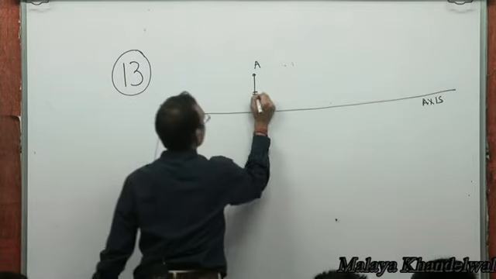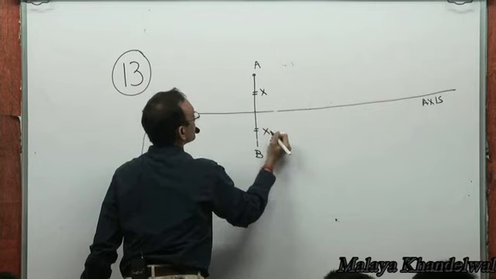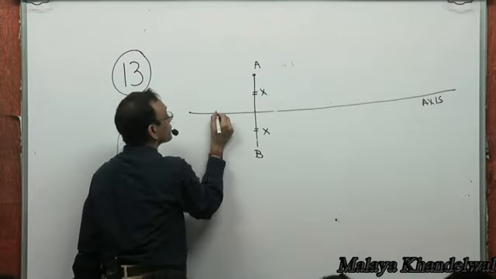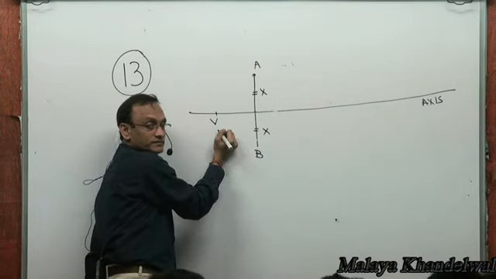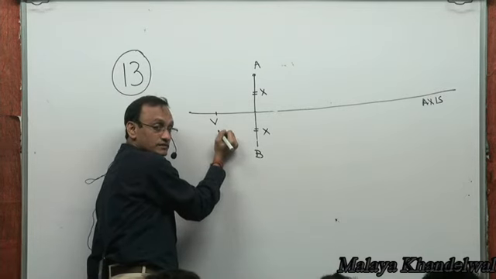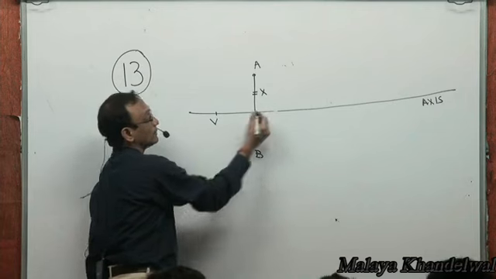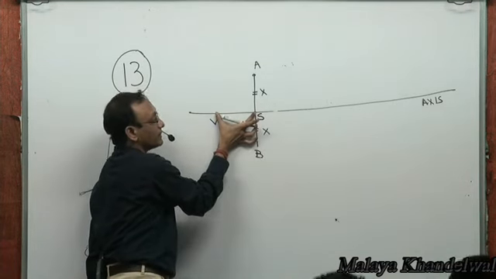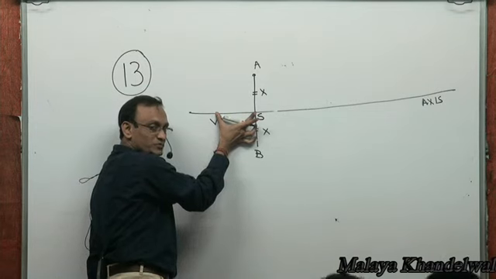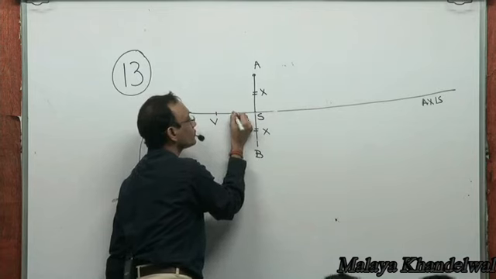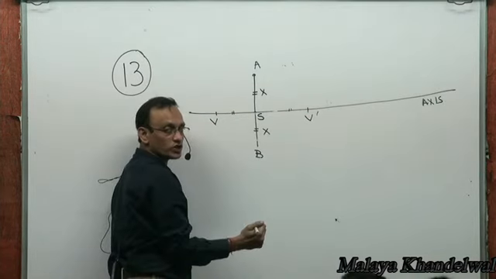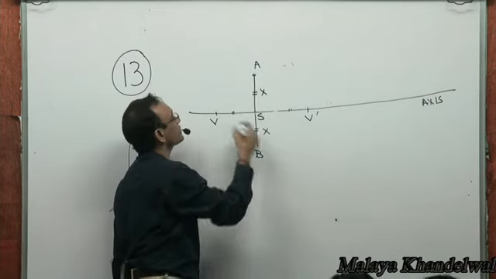Now if this length is x, then realize that the vertex could have been here. This must be the focus. The vertex could have been here, at one-fourth the latus rectum, x by 4, or could have been here. These are 2 possible locations for the vertex if this be the latus rectum.